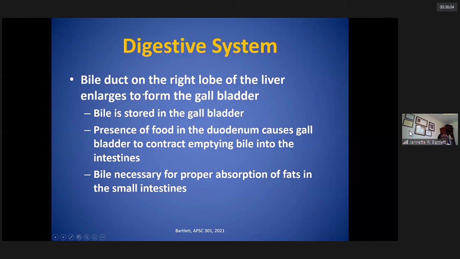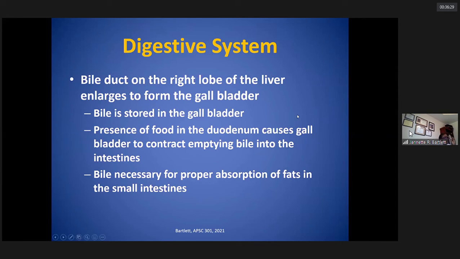The bile duct on the right lobe of the liver enlarges to form the gallbladder. The bile goes by way of the bile duct into the gallbladder, and that's where it's stored.